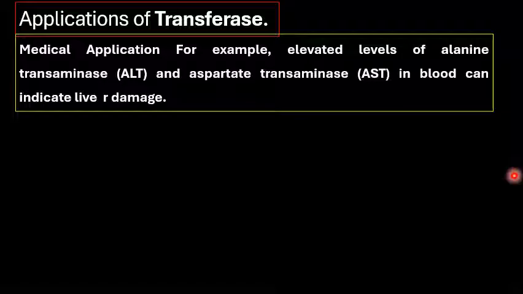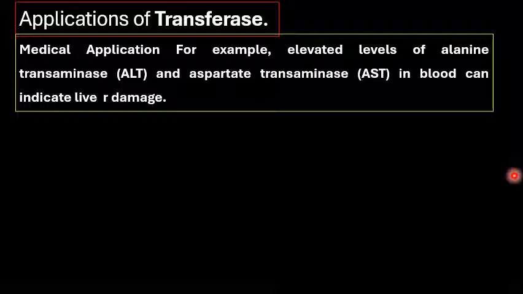Now, for transferases in healthy tissues, this enzyme usually maintains a certain level of activity. At this level, medical professionals can actually measure the activity level of specific transferases in the blood or other body fluids such as serum and so on.